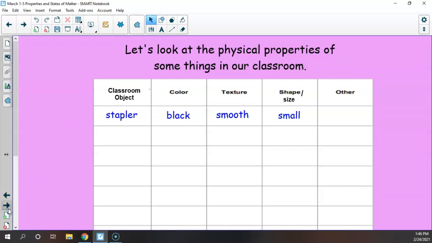So what I want you to do right now, since we're not in our classroom, but you're in your own little classroom at home, I want you to look around your room, whatever room you're in right now. And I want you to list a couple objects that you see. So a lot of us have seen a stapler before in school and maybe at home as well.